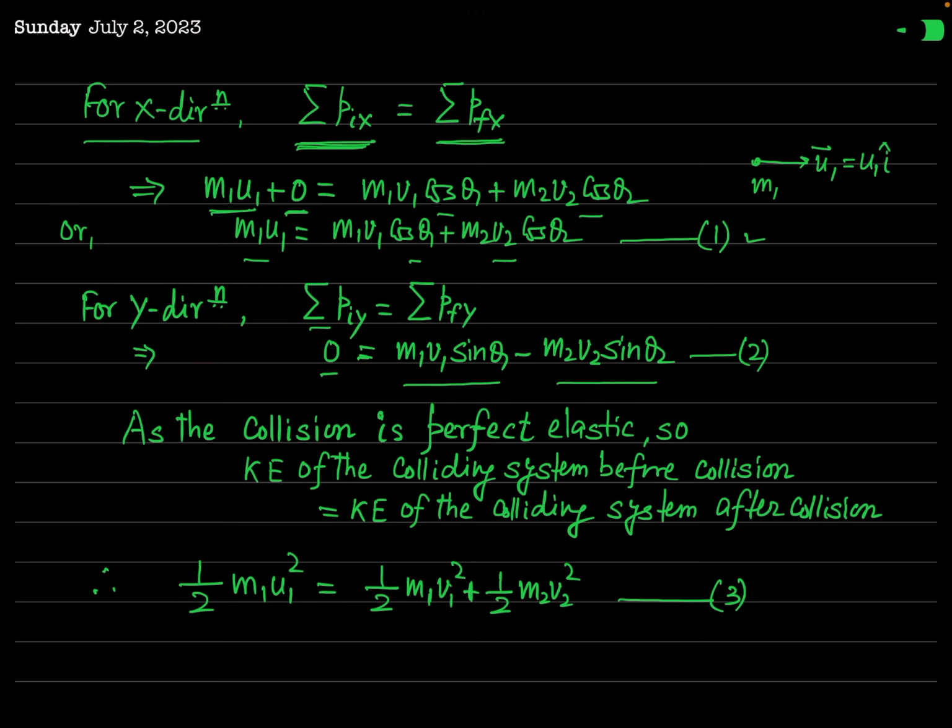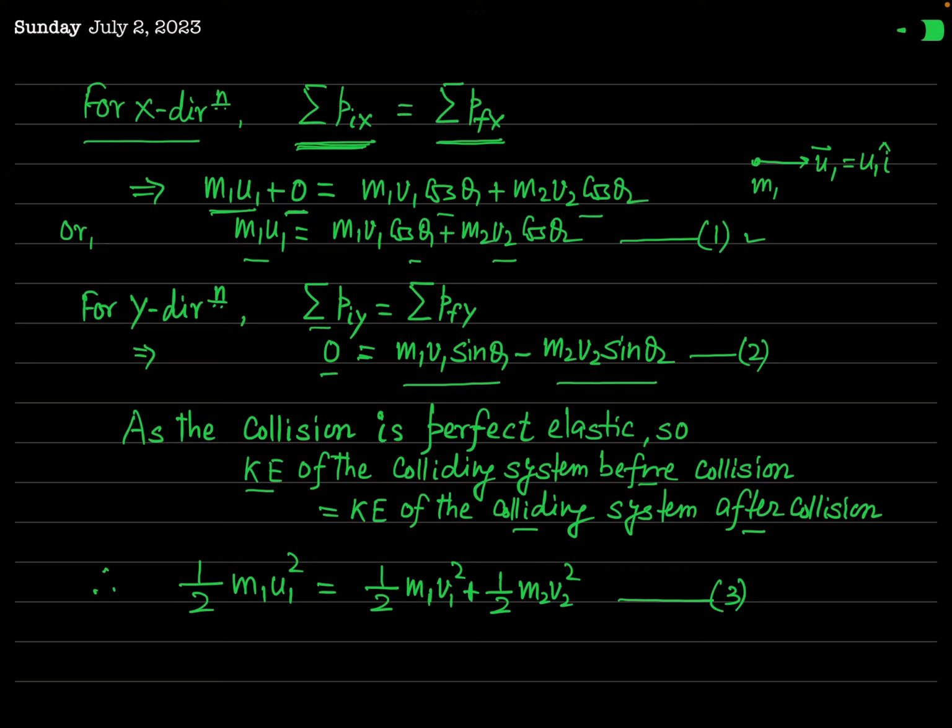Okay. Now since we are considering the perfectly elastic collision, and you know in case of a perfectly elastic collision, the kinetic energy of the colliding system before collision and the kinetic energy of the colliding system after collision are equal. It means kinetic energy in a perfectly elastic collision remains conserved.